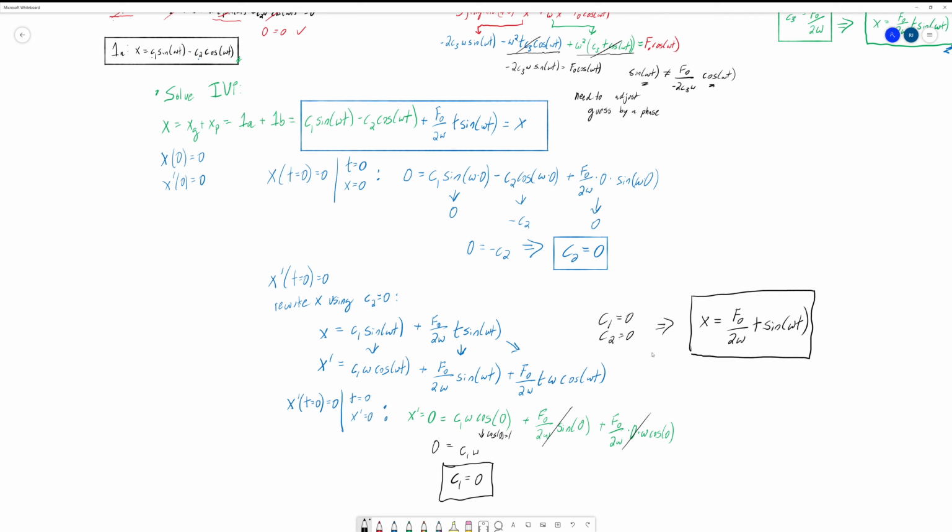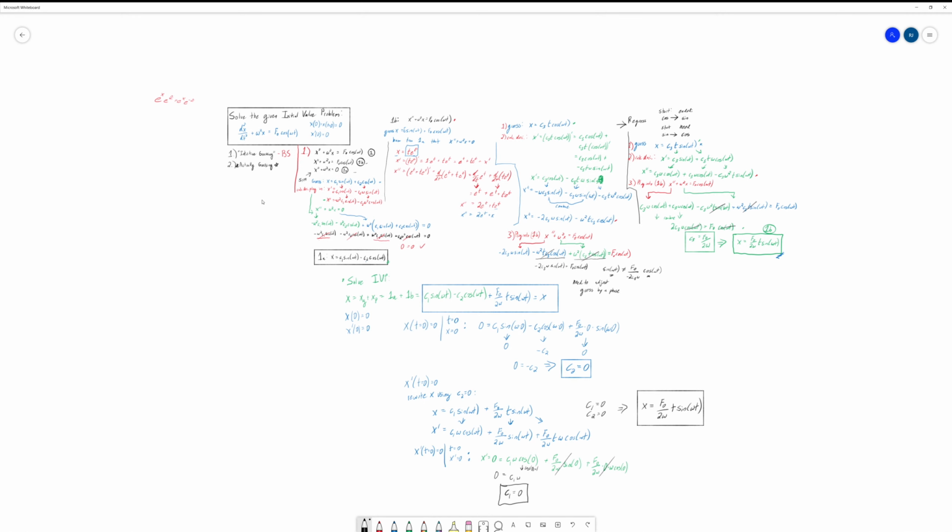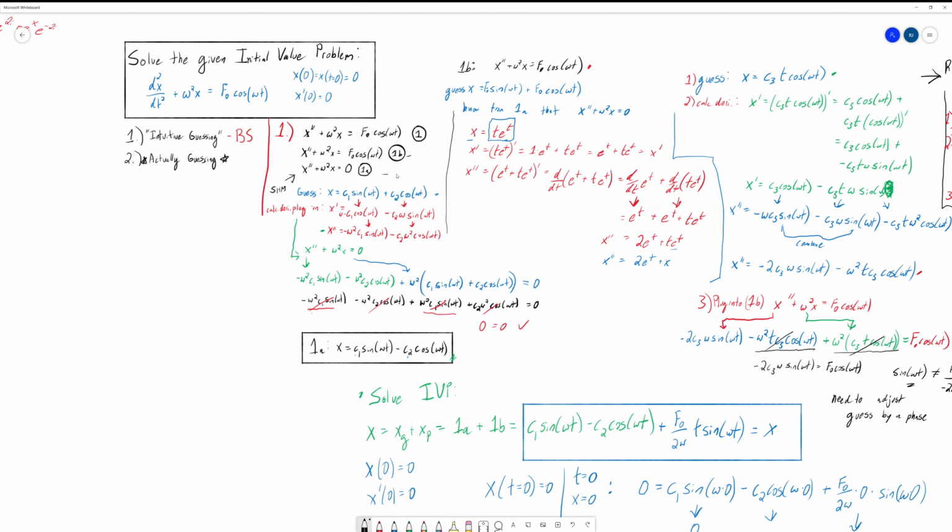Again, this was solved using some intuition based off what we should guess. Basically, the intuition that we used is that when you have a simple harmonic motion, your form is going to be something like a sine and cosine term.